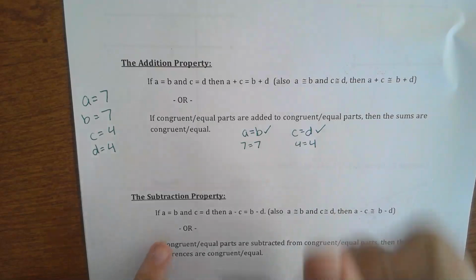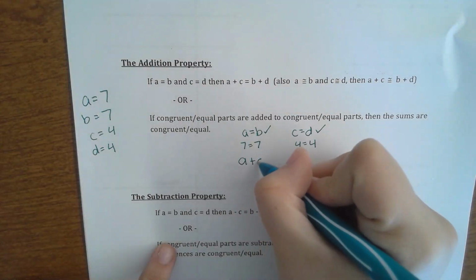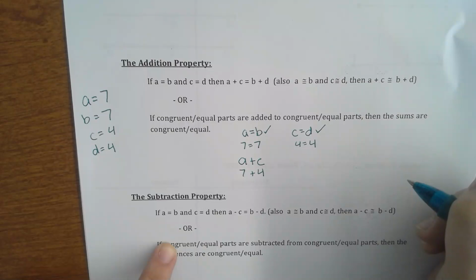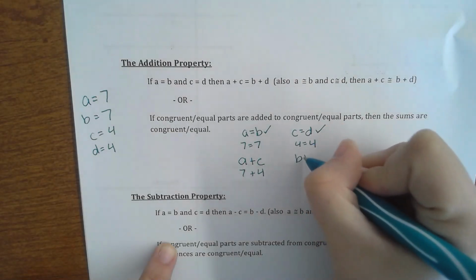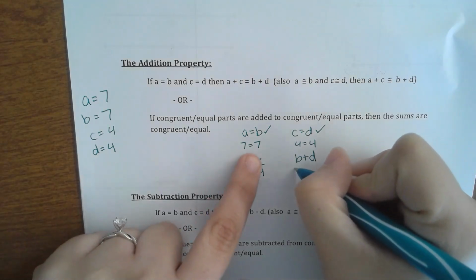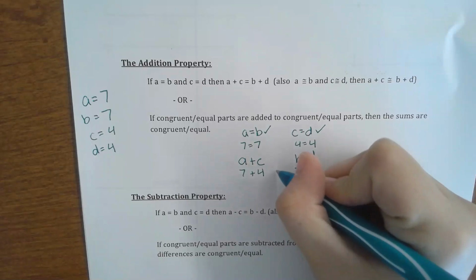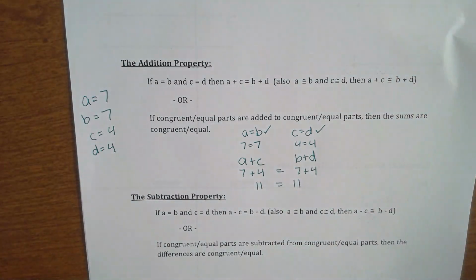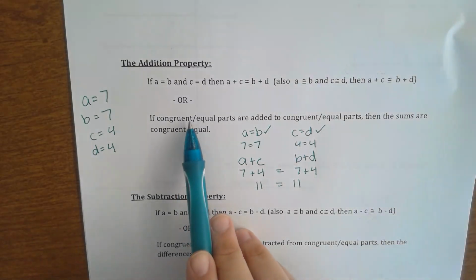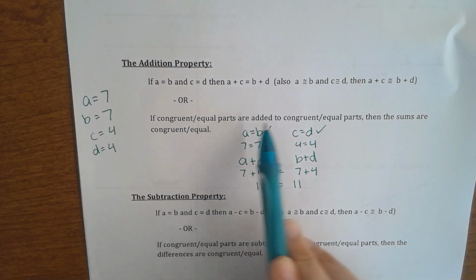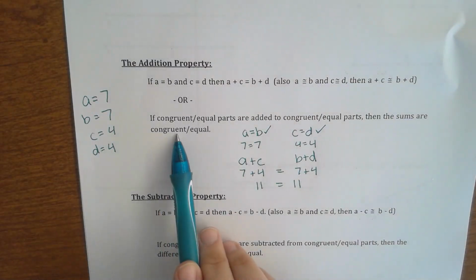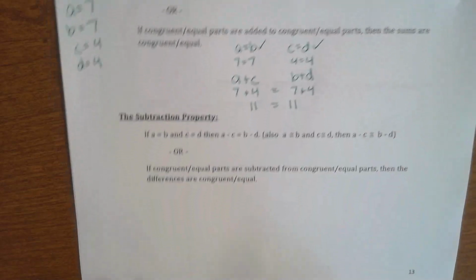Looking at the numbers then, if I take A plus C, that would be 7 plus 4. If I take B plus D, that would equal 7 plus 4. Well, 7 plus 4 equals 7 plus 4. So it makes sense with numbers. Now we just have to switch it to letters. If we have congruent pieces added to congruent pieces, then the totals are equal.